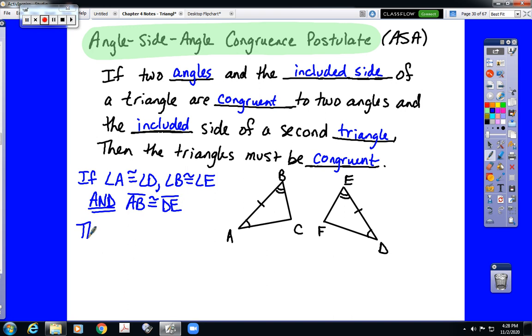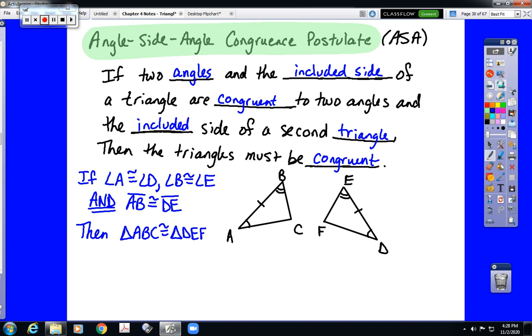That is enough for us to state that triangle ABC is congruent to triangle DEF. So again, it's another example of how we don't really need all 6 sets of corresponding parts. We only need certain pieces. We only need 3 if it's the right 3.